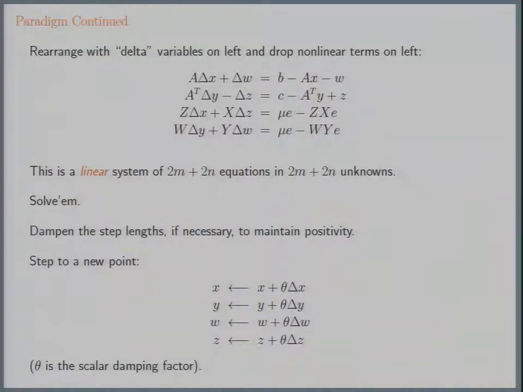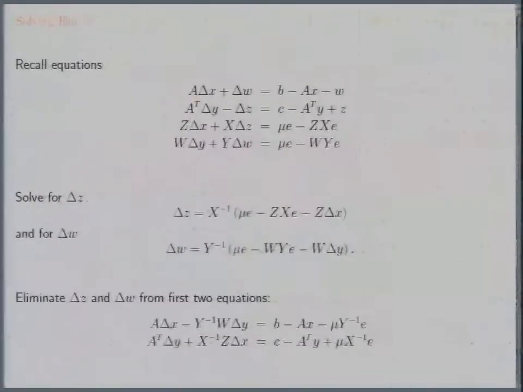We ask how far past 0 it would go, and then figure out a theta value that gets you maybe only 90 or 95% of the way to 0. It's a very simple little ratio calculation, very much like what we did in the simplex method, to keep everything strictly positive. In practice, you let things go about 90% of the way to 0 or something along those lines. Okay.